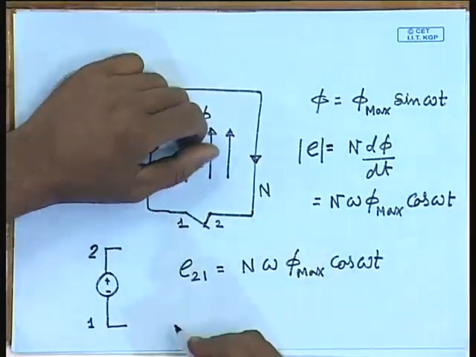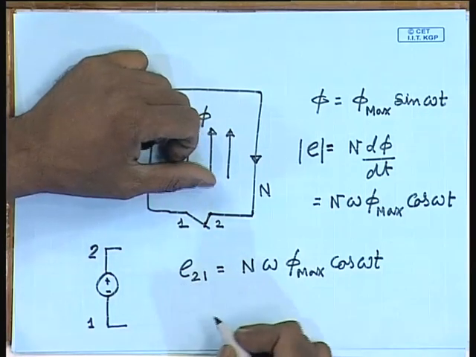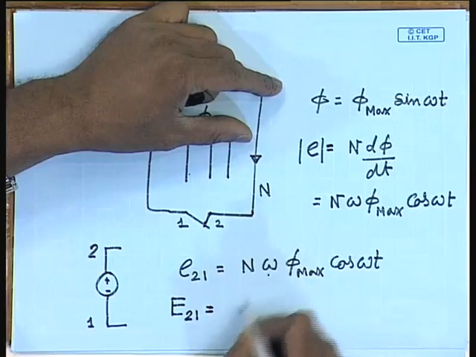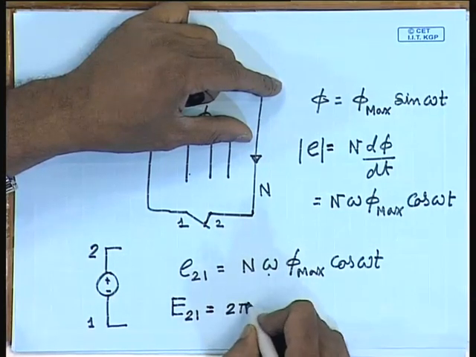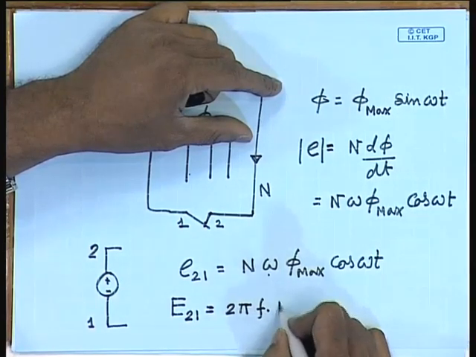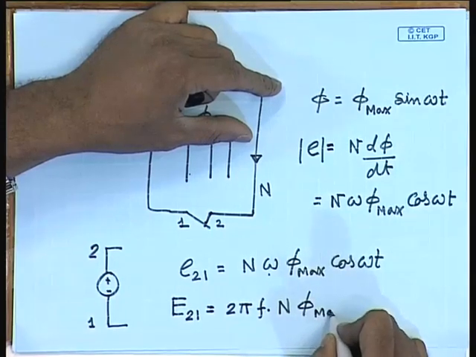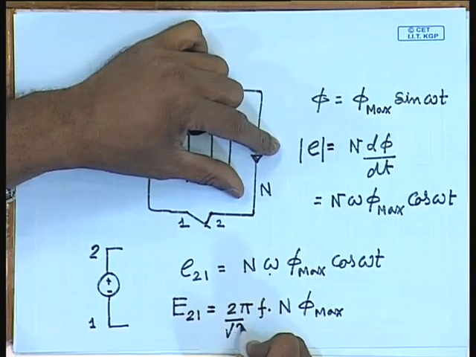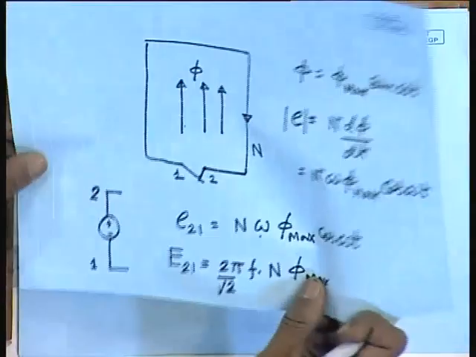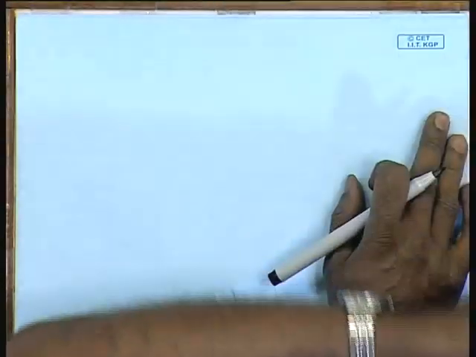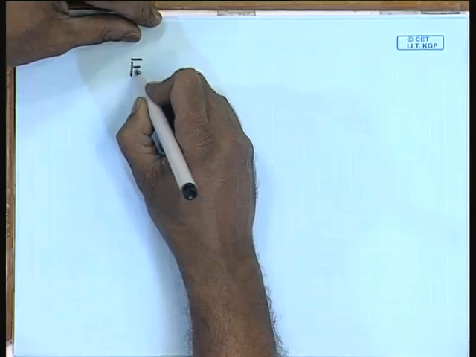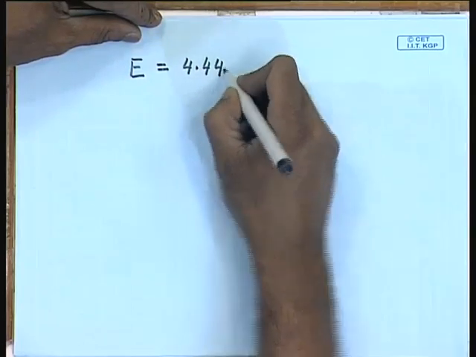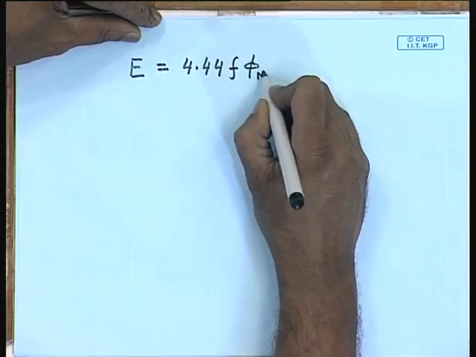So, if we want to find out the RMS value, then E21, with omega given by 2 pi f, is 2 pi f into n phi max divided by root 2, or the induced voltage E equal to 2 pi by root 2, which is 4.44, f phi max n.